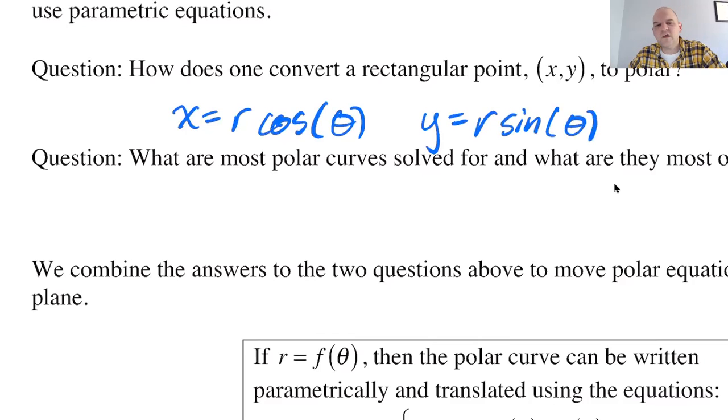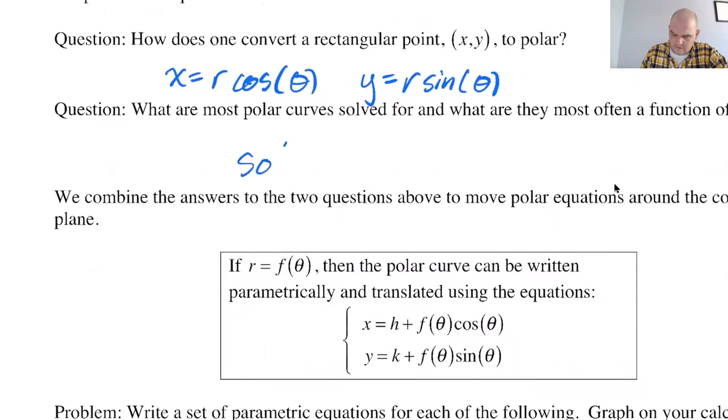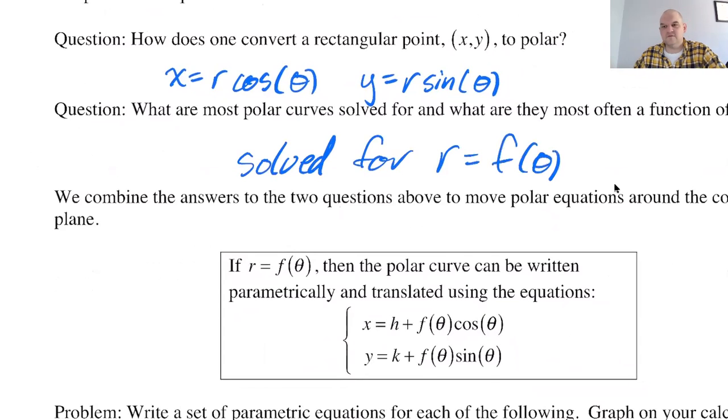Okay, so how's that going to help us? Well, most polar curves are solved for r, so we get r equals f of theta, some kind of function of theta. Well, what if we combine these two ideas?